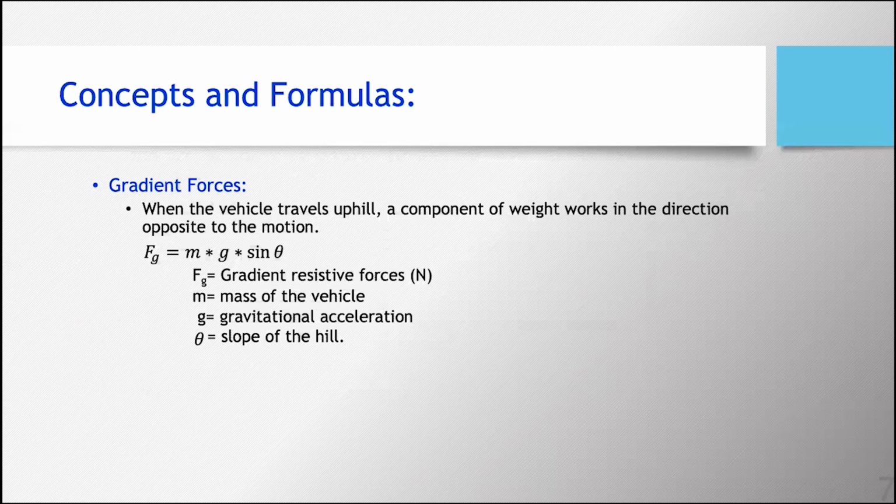So this is a significant resistance when we come to off-road vehicles or urban vehicles, which take high gradients. And it is calculated using the formula mg sine theta, where m is the mass of the vehicle with the driver, g is acceleration due to gravity, and theta is the slope of the hill.